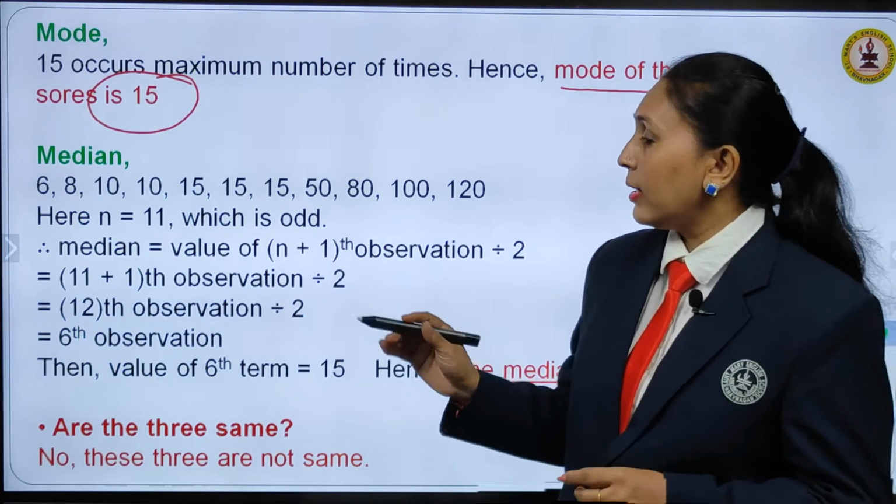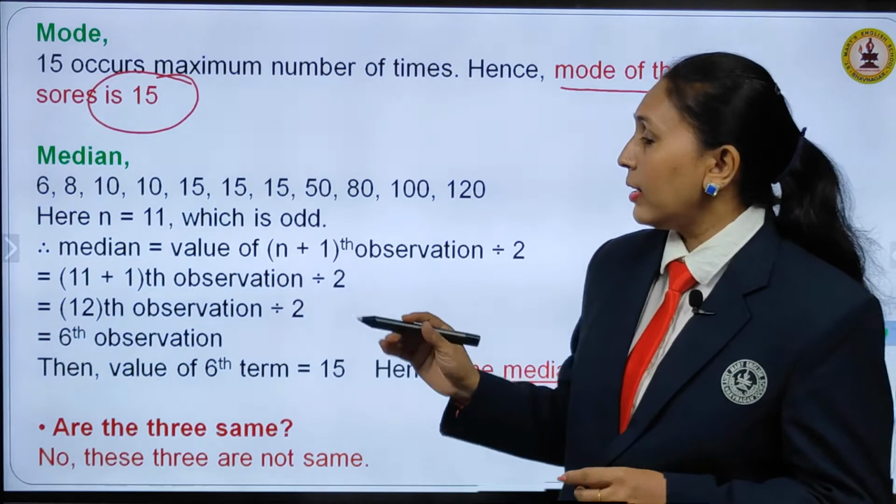Right. Now let us find the median of this data. Median. Here our n is 9, which is again odd. So the same formula to find median applies, that is (n plus 1) observation divided by 2. N is 9, plus 1 is 10, divided by 2, I will get the 5th observation, children.